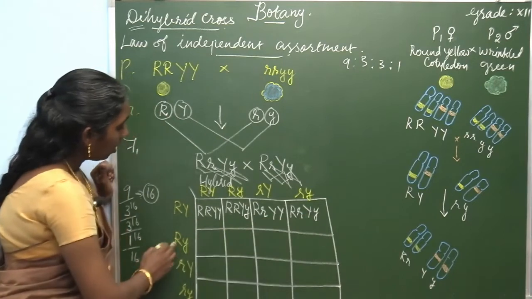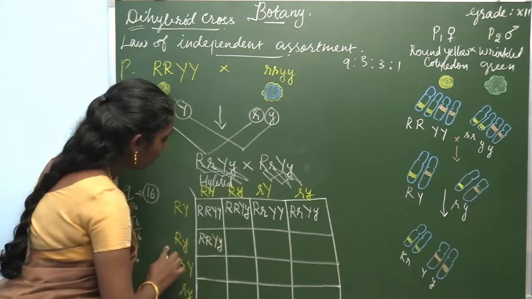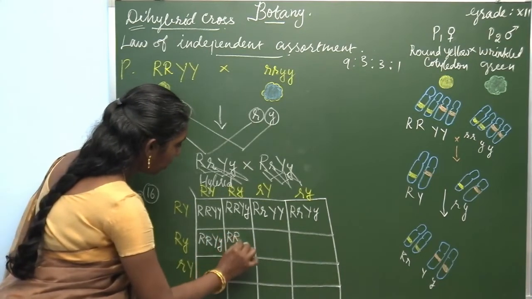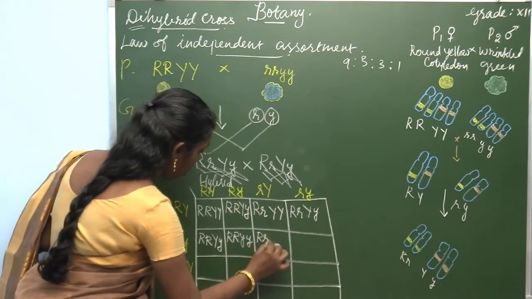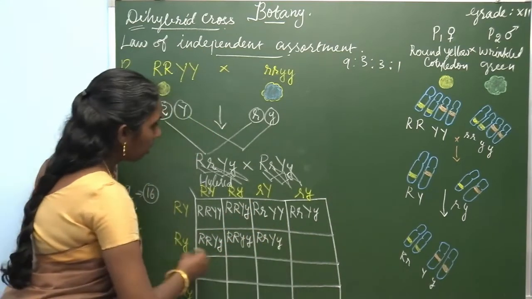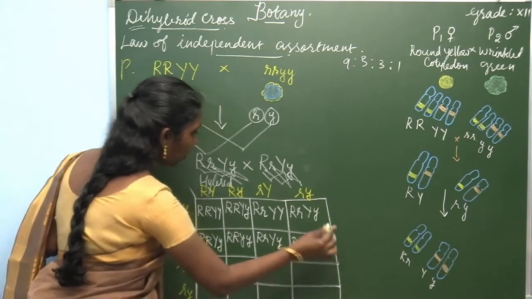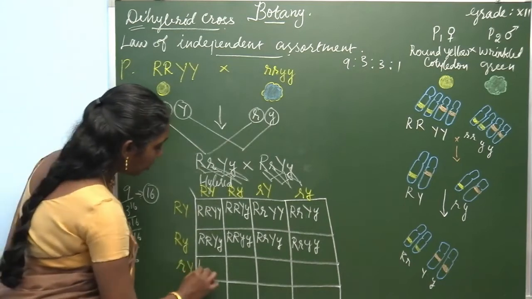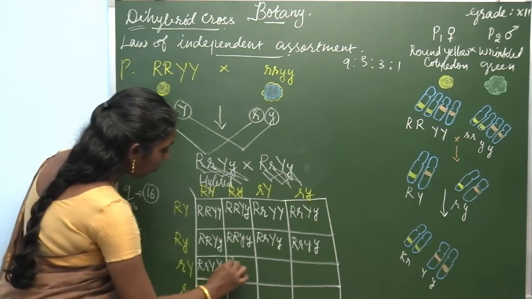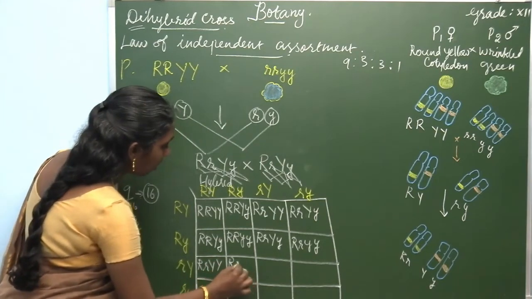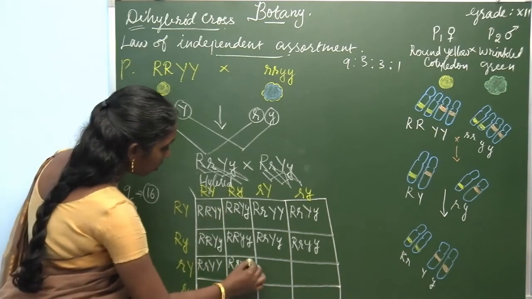This row: capital R, capital R, capital Y, small y, capital R, small y, small y, capital R, small r, capital Y, small y, capital R, small y, small y. Here capital R, small r, capital Y, capital Y, capital R, small r, capital Y, small y.